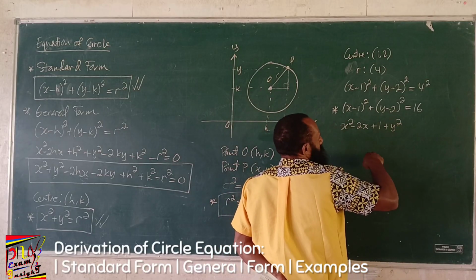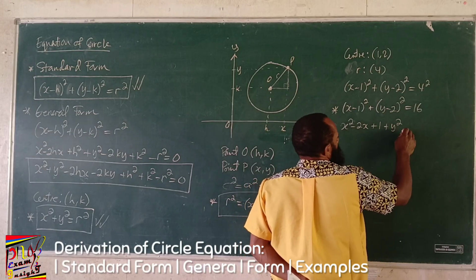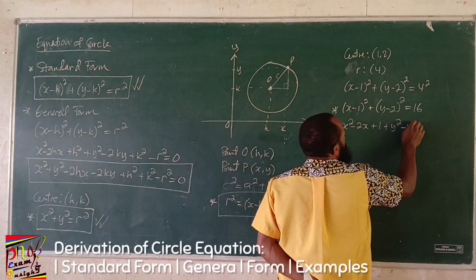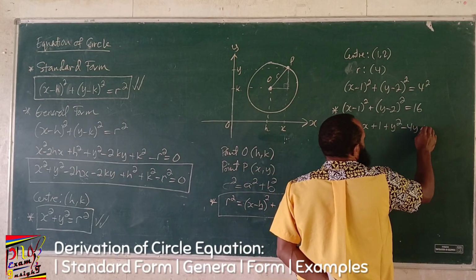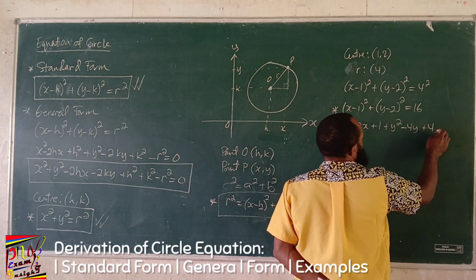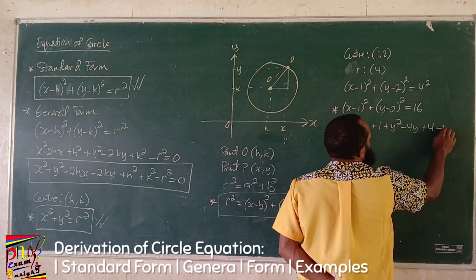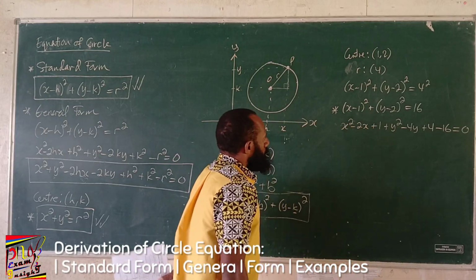Y times minus 2 gives us minus 2y, and minus 2y times 2 gives minus 4y. And then minus 2 squared is plus 4. Let's bring 16 to the left hand side, where it becomes minus 16, now equals 0.